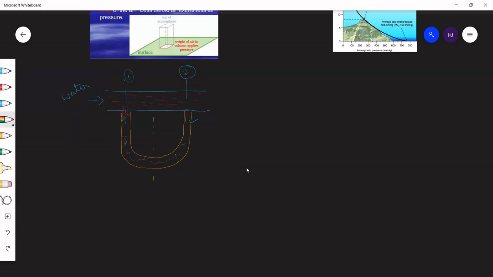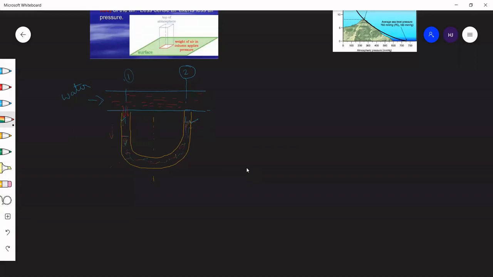So because the mercury level is going downwards on the left-hand side, from the other side it will go up. It will reach up here. This side is high pressure, that's why the mercury level has gone down.